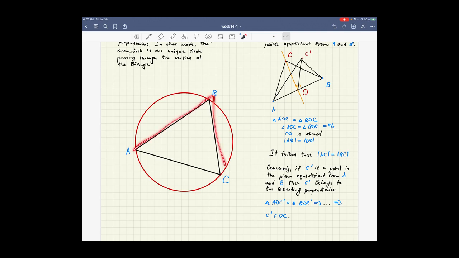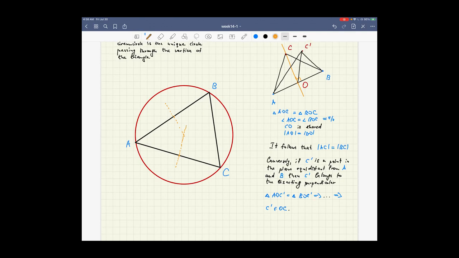in this triangle ABC, if I take a bisecting perpendicular to the side AB, and a bisecting perpendicular to the side AC, and intersect them, they must intersect, because if they were parallel, then the corresponding sides AB and AC would be parallel, which we know cannot happen because the triangle is non-degenerate.